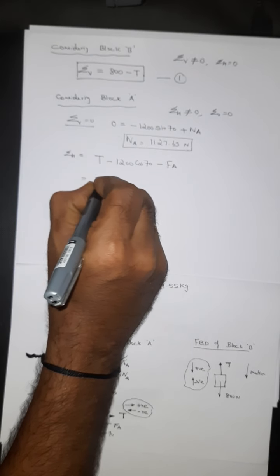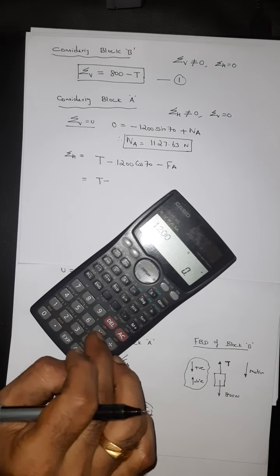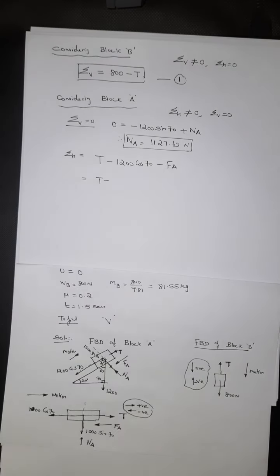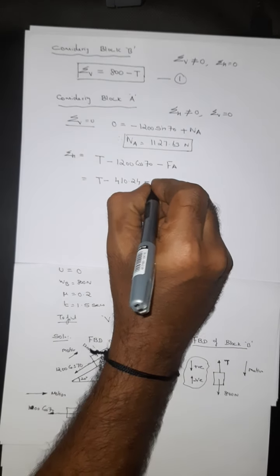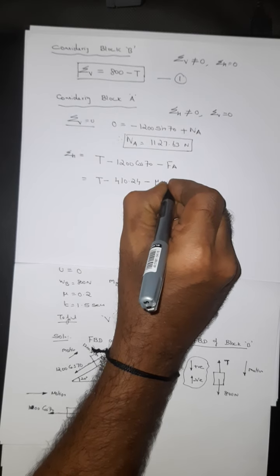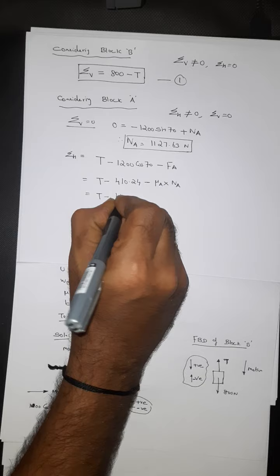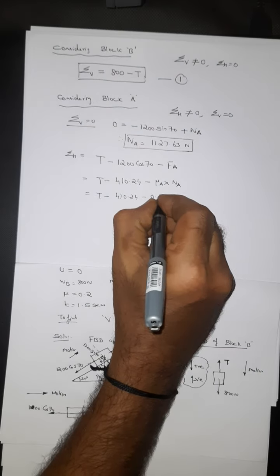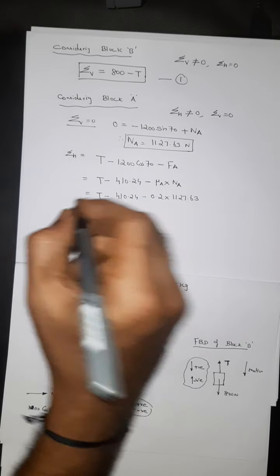That is equal to T minus 1200 into cos 70, so 410.24 minus FA. FA is nothing but mu A into NA, so T minus 412.24 minus 0.2 into 1127.63.